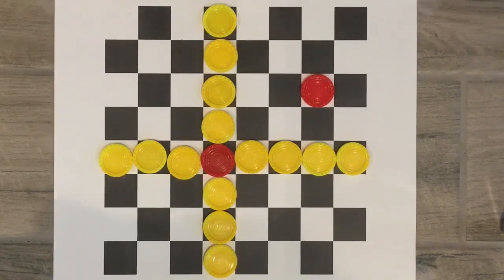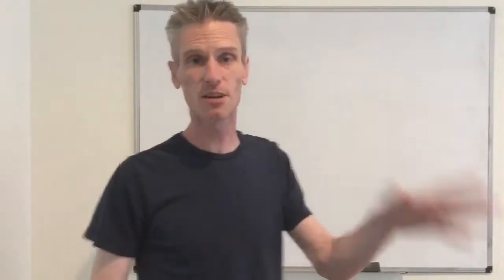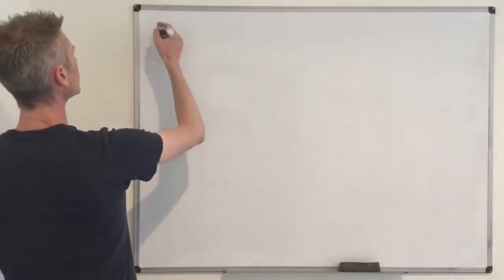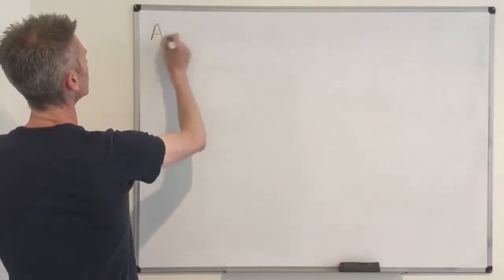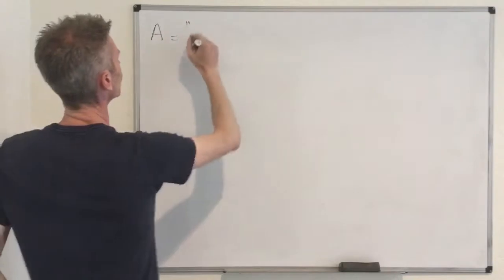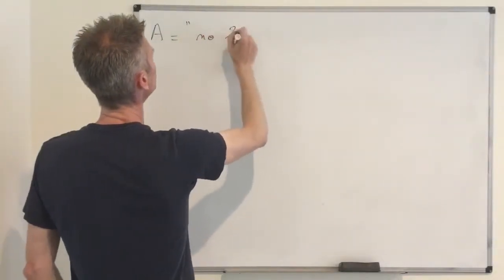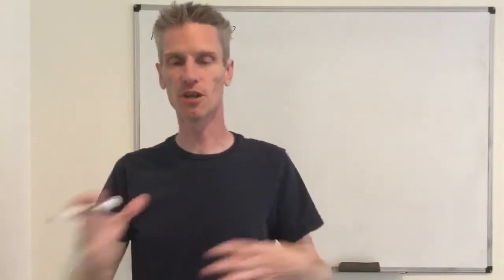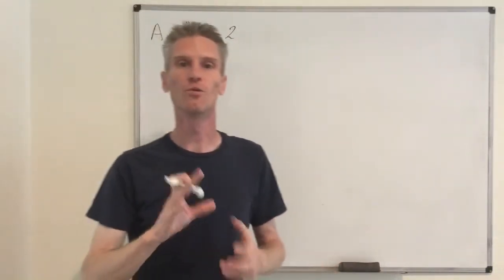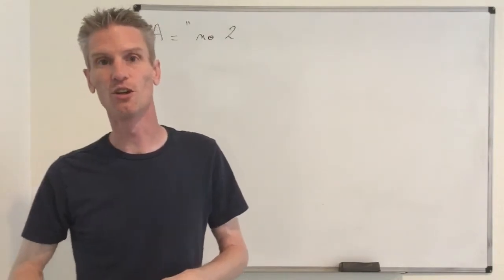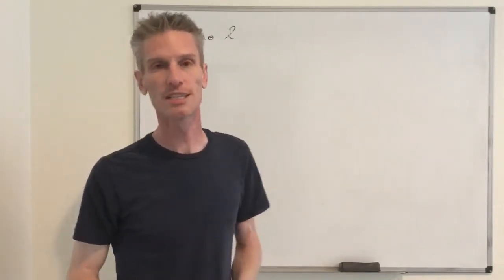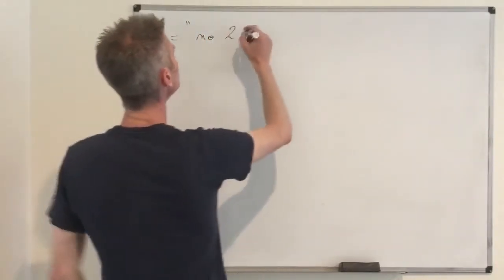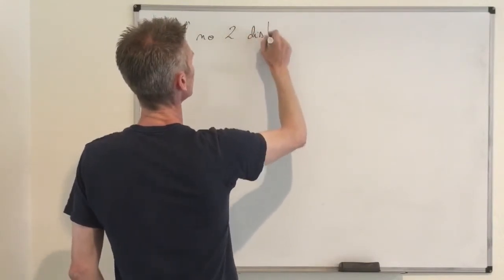So now let's go back to the board to turn this into equations. Let's introduce our event. Let's say A is the event that no 2 distinguishable rooks are on the same line. I'm going to insist on the fact that when we were counting the number of possible configurations, we assume that the rooks are distinguishable.